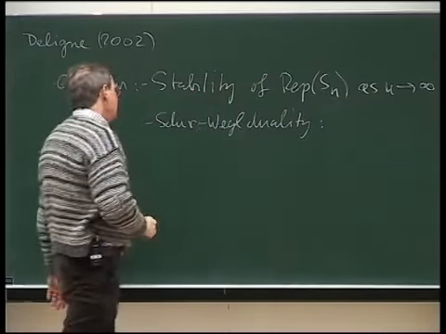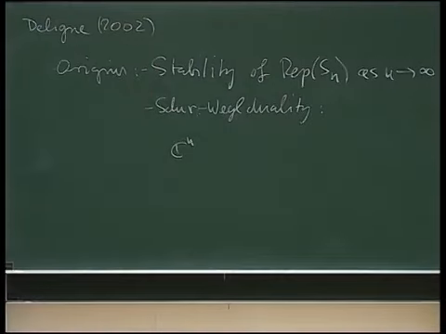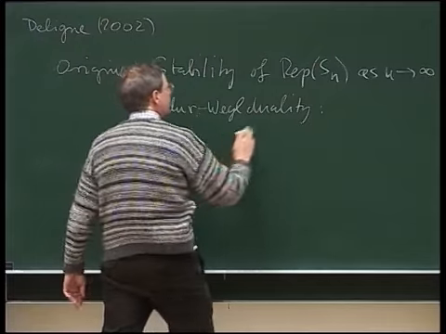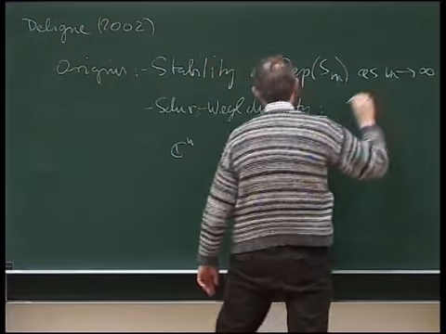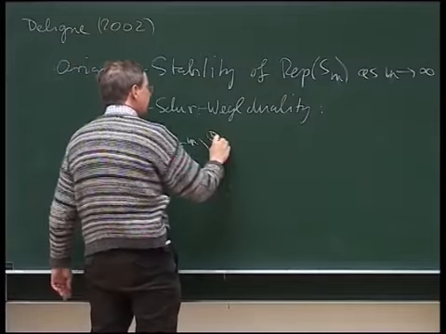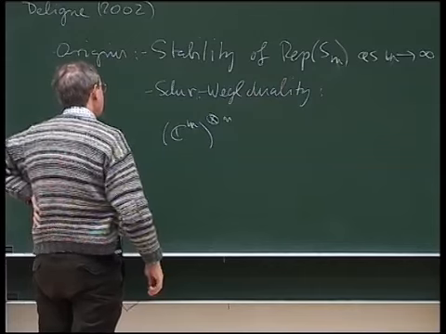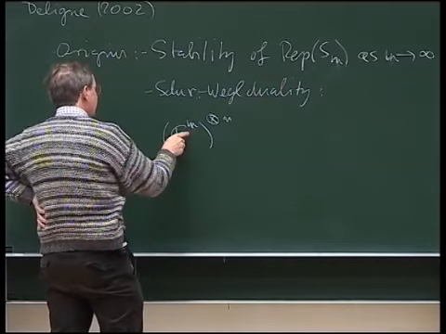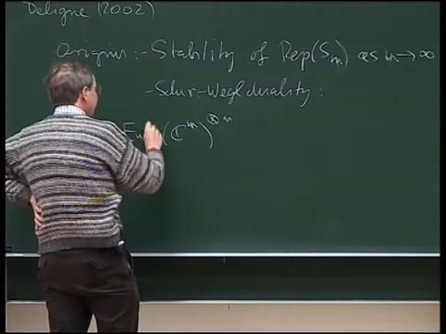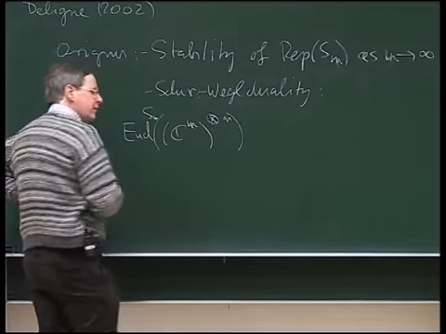For this, you take the defining representation of Sm, let's call it, for the moment, C^m, and take the n-fold tensor power, then Sm will act on it, and you can try to compute the Sm endomorphisms of this.